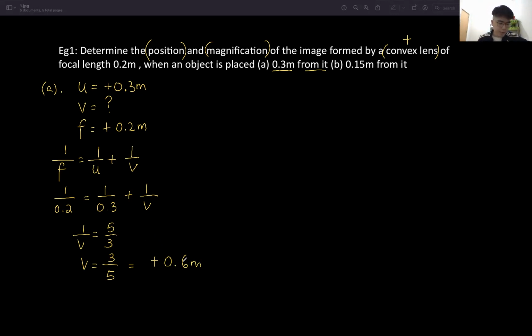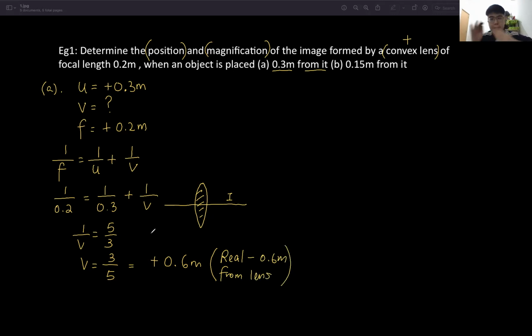So v is a positive 0.6 meter. What do you know about this? That means my image is positive, to the right side, somewhere here, 0.6 meter. So it's a real image, 0.6 meter from the lens, and it is at the right side.